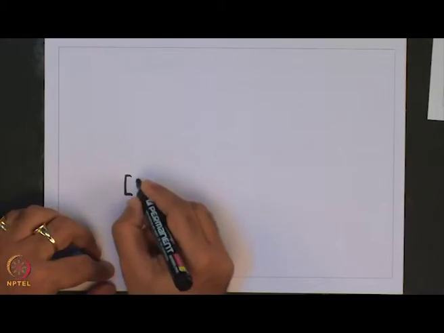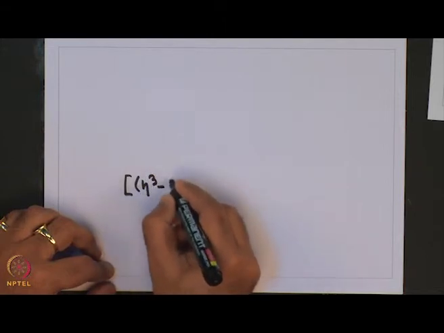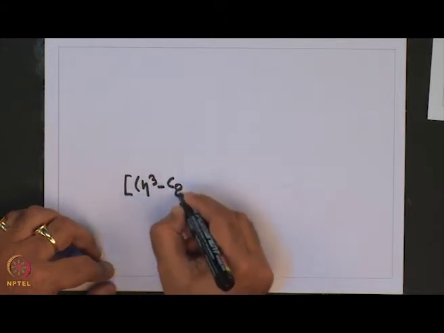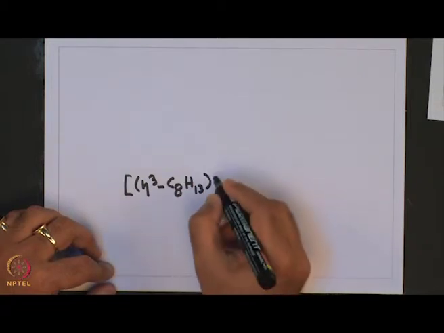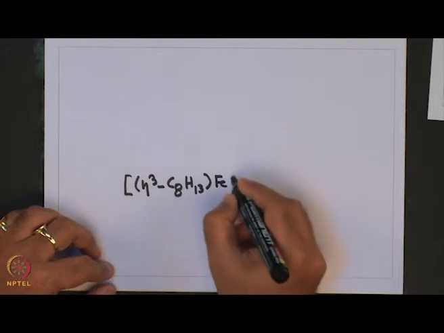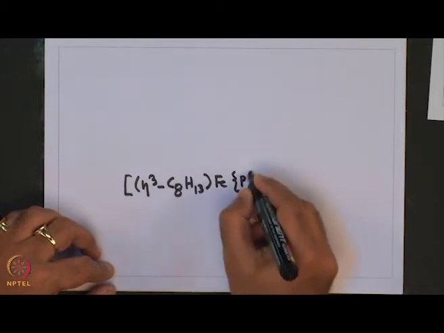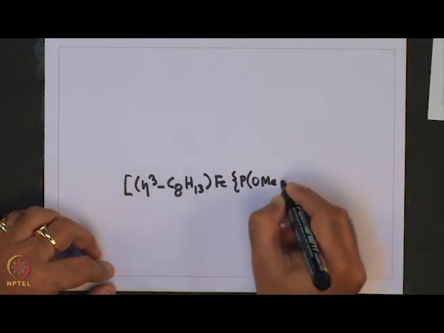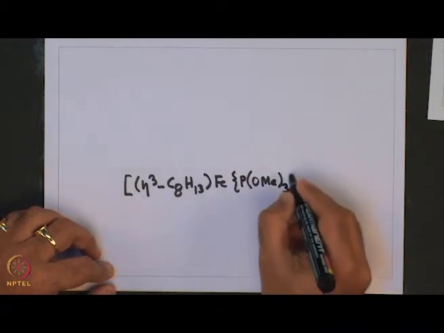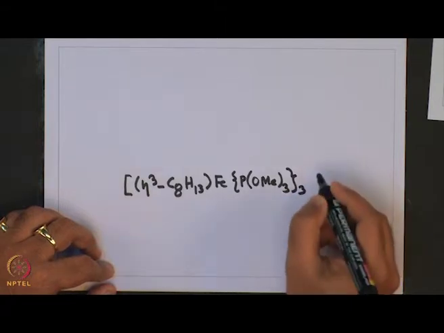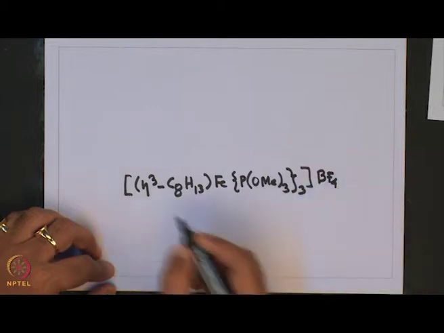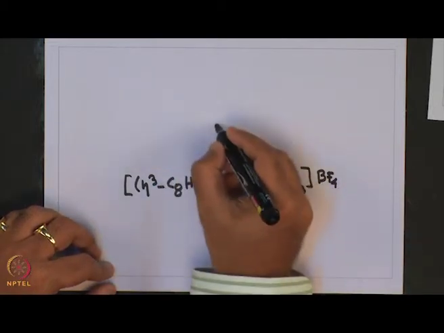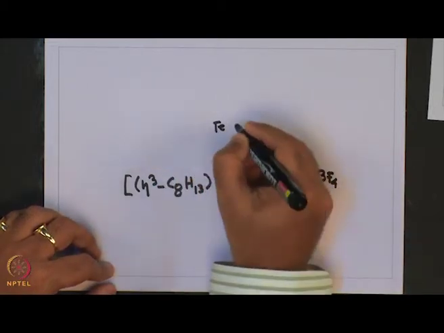For this complex, [Fe(eta 3-C8H13){P(OMe)3}3]BF4, the structure is given here.